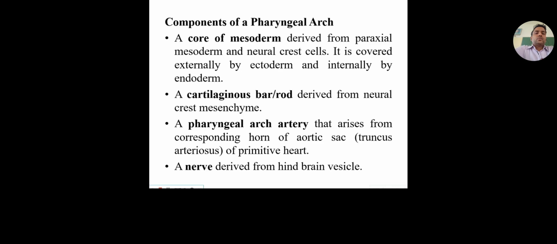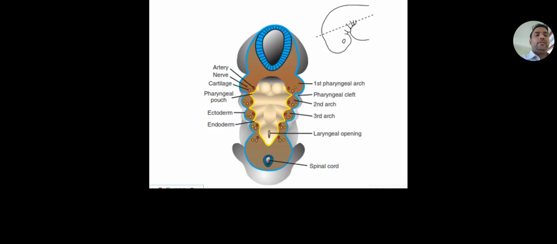Okay. So what are the components of an arch? As we have seen in the animation, it has a core of mesoderm, a cartilaginous bar, a pharyngeal arch artery, and a nerve which is derived from the hindbrain vesicle that you can observe here. So these are the components of the pharyngeal arch.